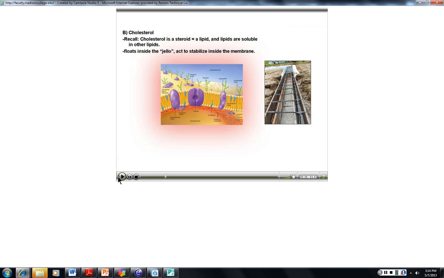By putting a structure inside of the concrete, this allows the concrete molecules to stick to something inside. Therefore, they tend to stay together better. And this is the role of cholesterol. It floats inside of this jello-like matrix and stabilizes the membrane by allowing these neighboring molecules to stick to it.